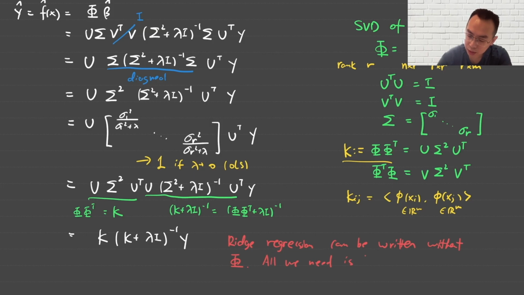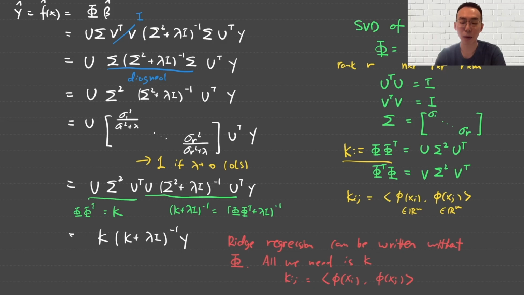Remember that K_ij is the inner product between the data points, right? It equals phi(x_i) and phi(x_j). That's all we need, right? We only need the inner product between data points in the feature space, but we don't really need the feature map. And in the next two videos, we are going to translate this entire derivation into infinite dimensional space, into functional space, where we can just operate on functions as in linear algebra.